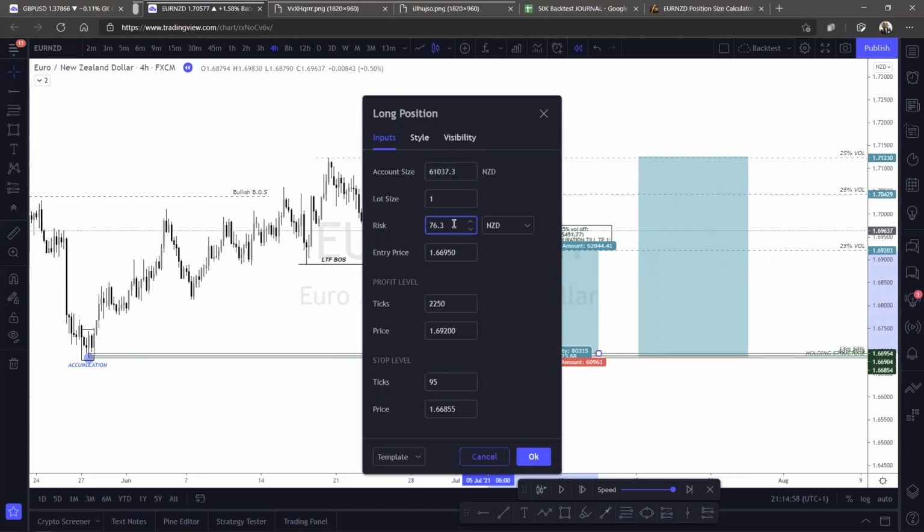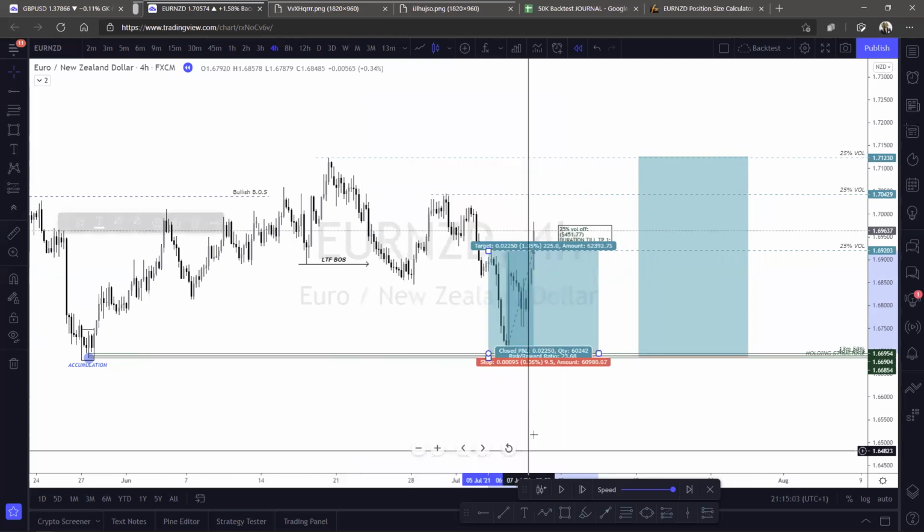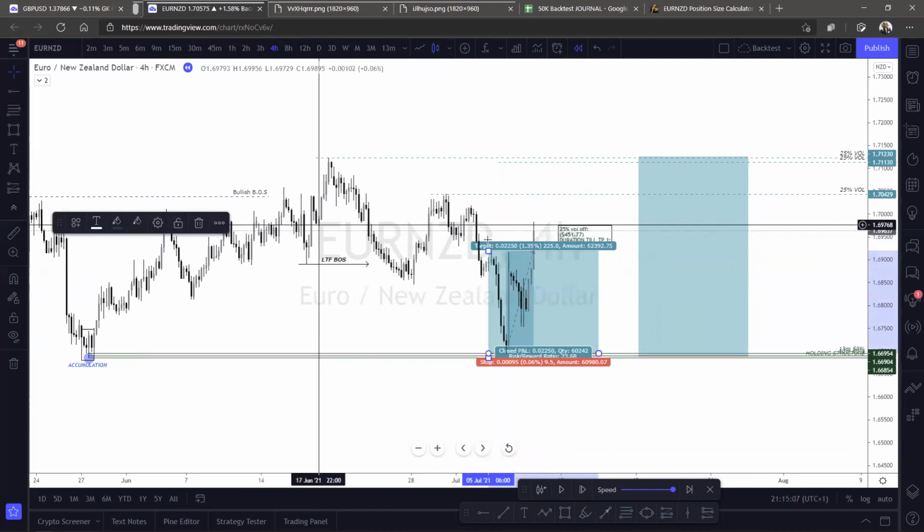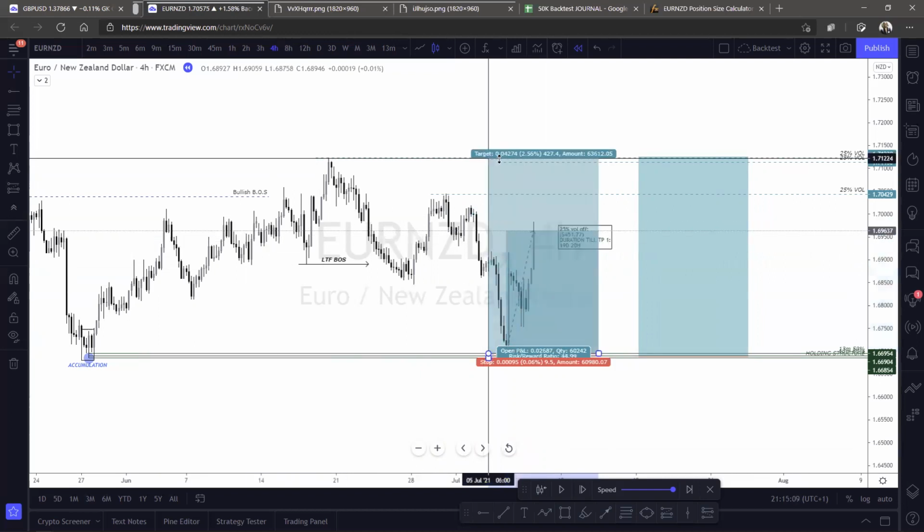So remaining we have is 57.23. That's what we have remaining, and then again same thing.